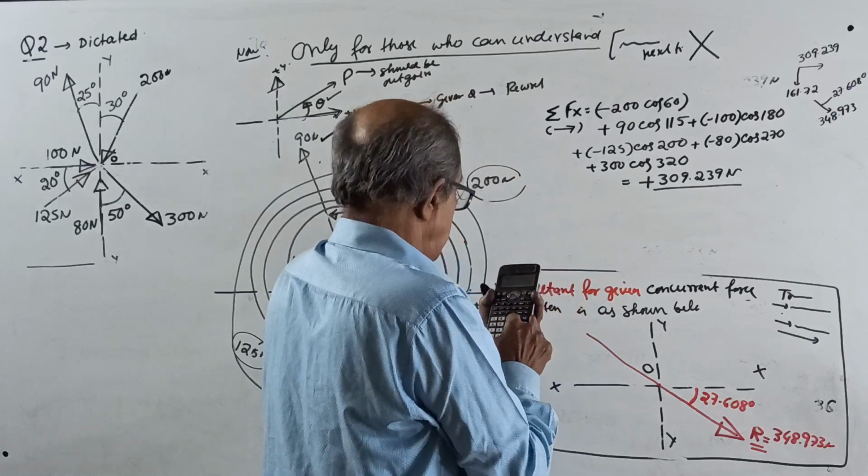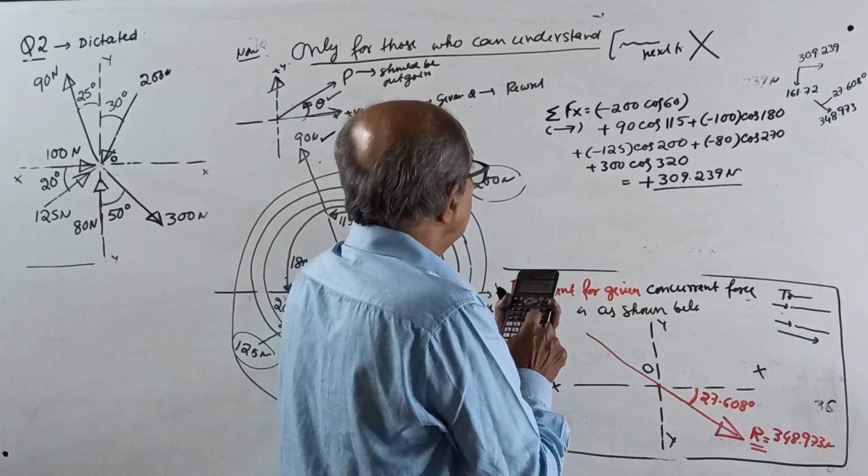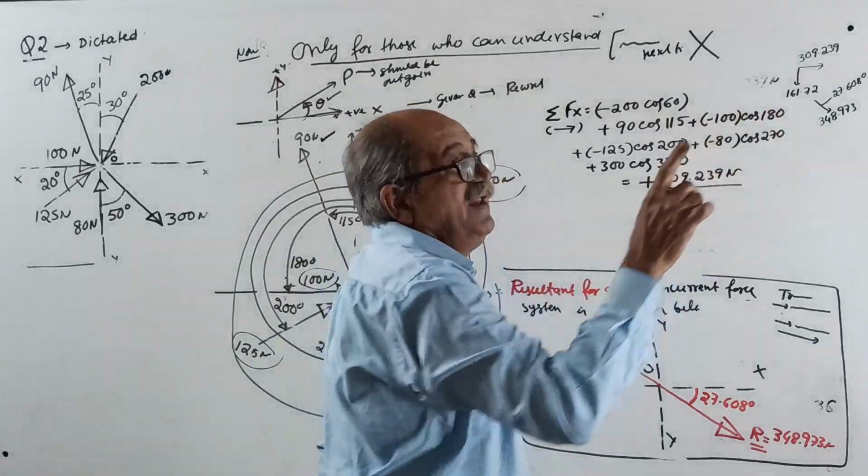Minus 200 into cos 60 plus 90 into cos 115. That is not required. Last time I told it's not required. That is a mistake.